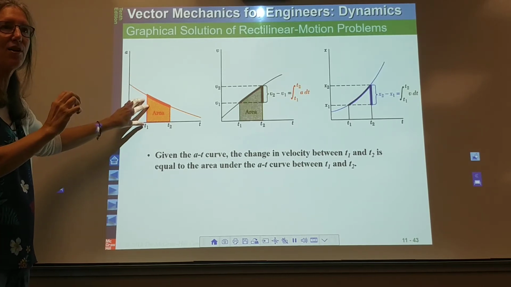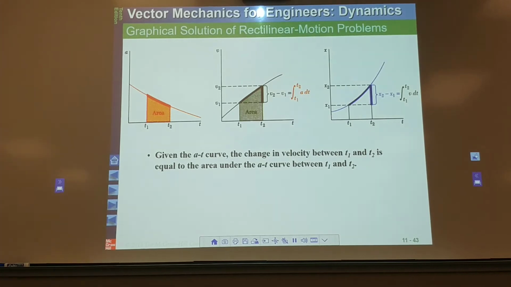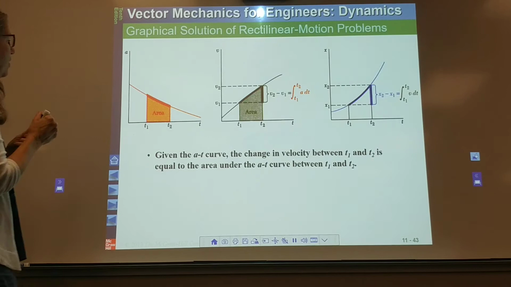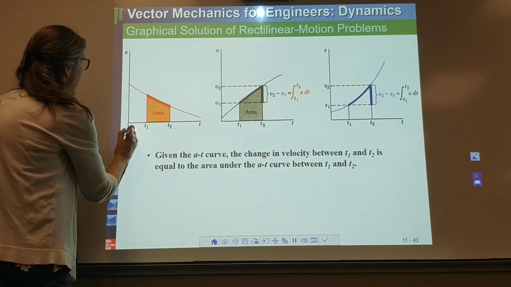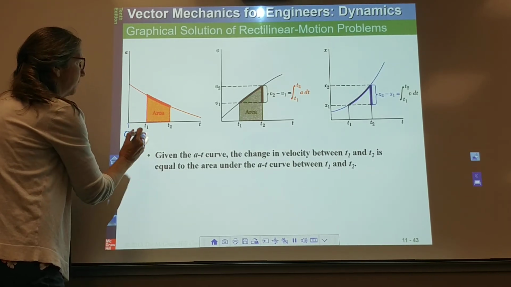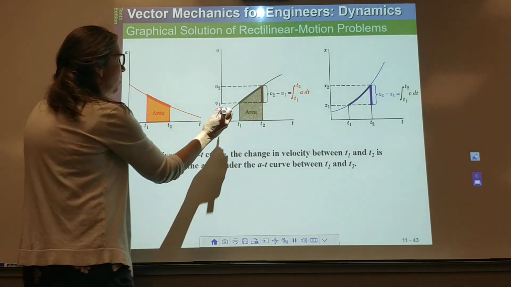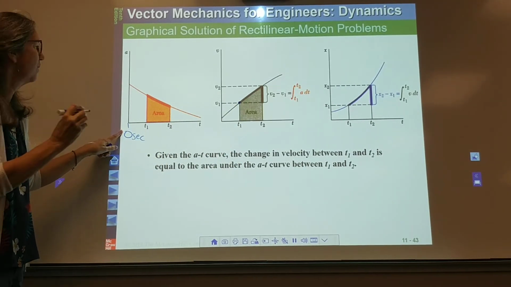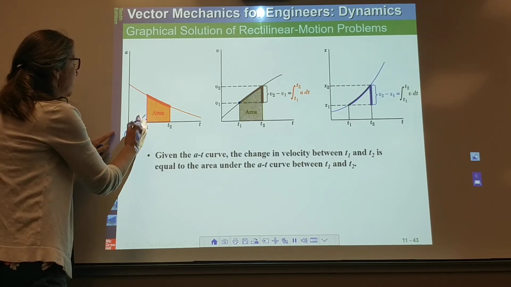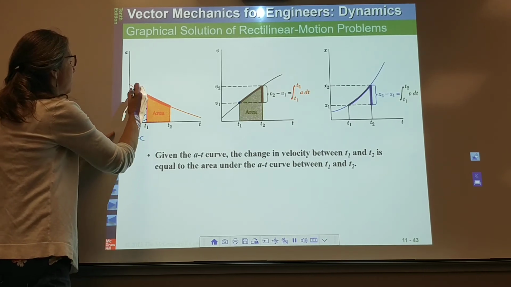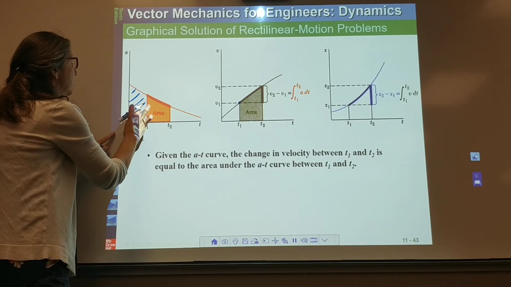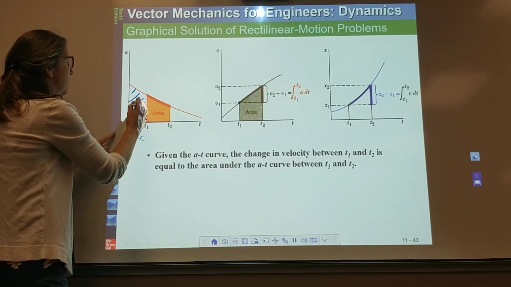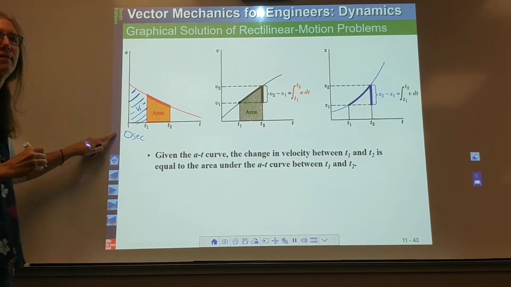integral is basically the area under the curve. So let's say this is 0 seconds, and you want to find your velocity at point 1, then what you do is you look at this area. Let's call that V1.